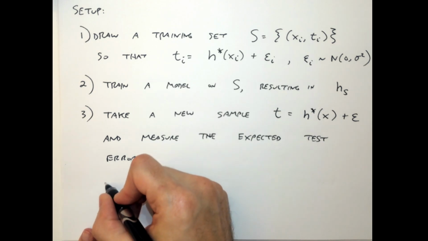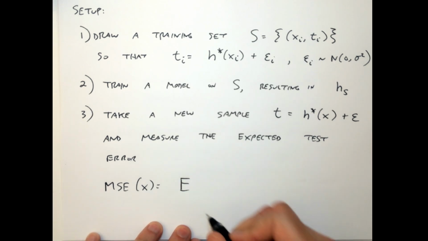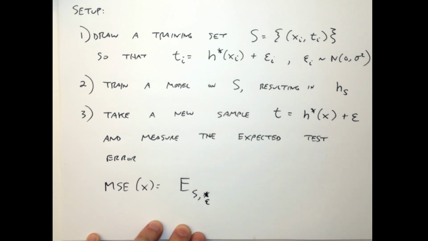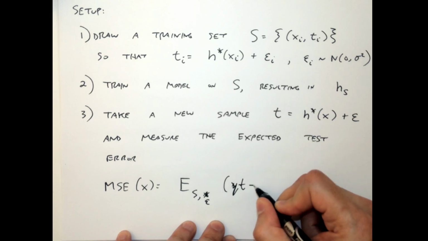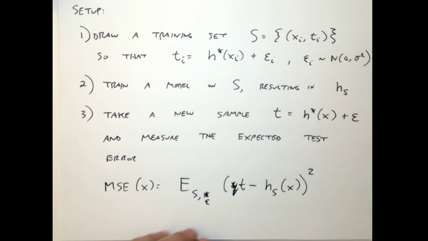So this mean squared error is the expected value over how I sampled and the noise of my t minus the model of S applied to X. So the noise is random, the set of points I found was random, and this is saying, now I give you one new sample, what do I expect the mean squared error for that one data point to be according to the model that you constructed, okay?